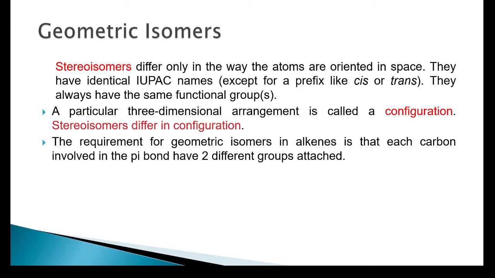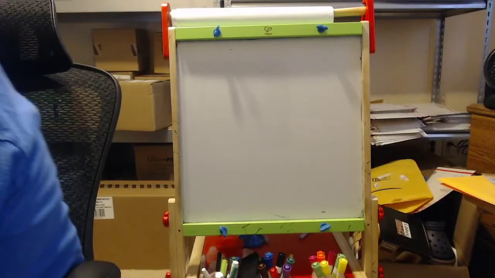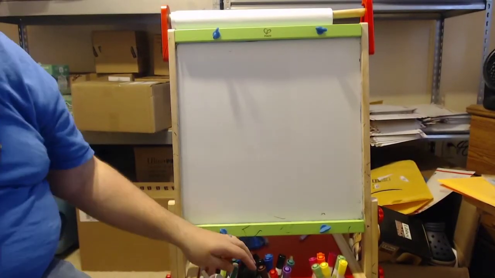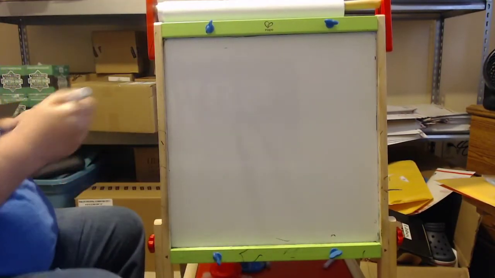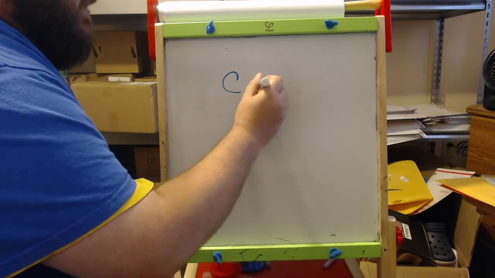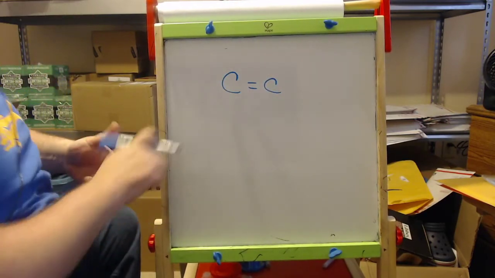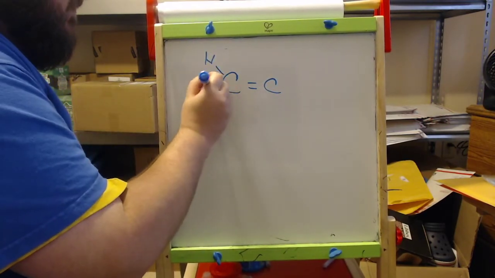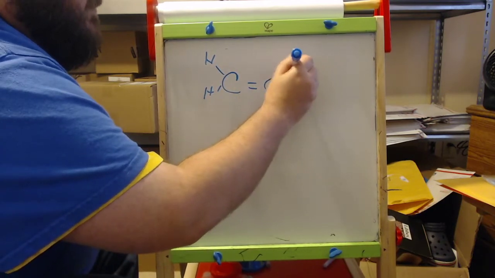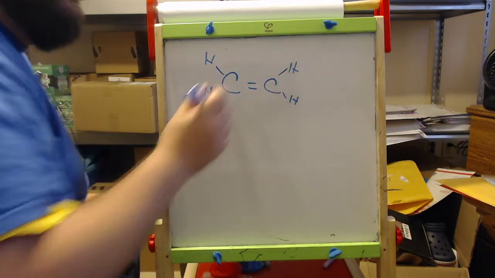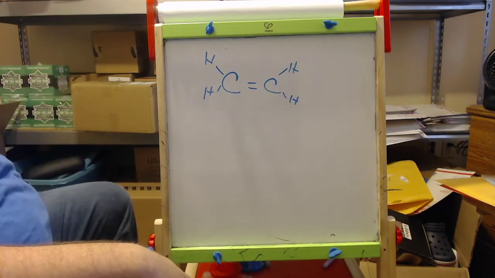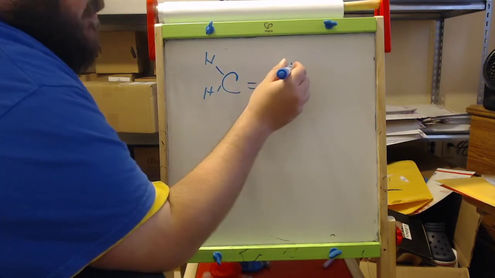So, to reiterate that, in order for cis and trans to exist, I need to have a double bonded carbon. If all of these are the same, there is no cis and trans. Okay? There is no cis and trans. They don't exist.